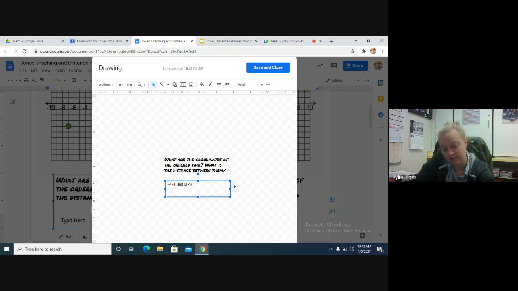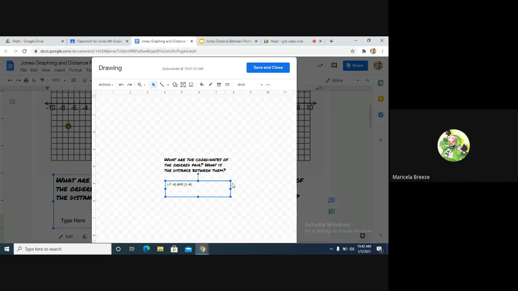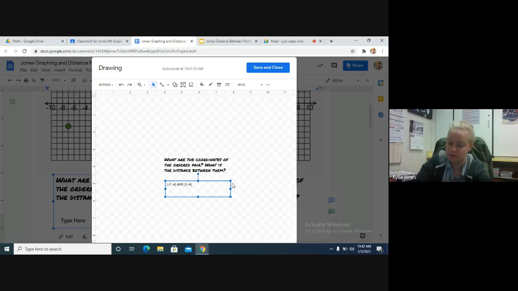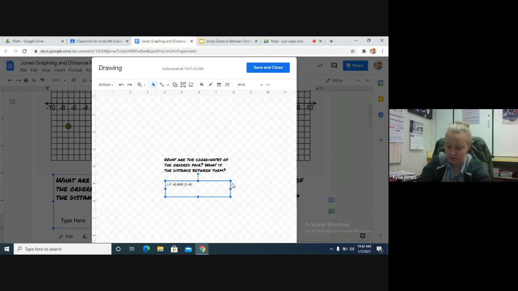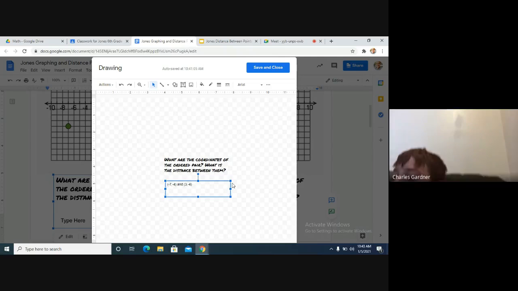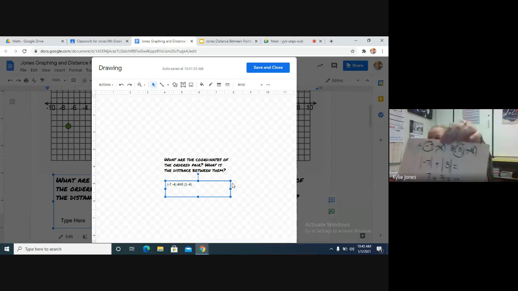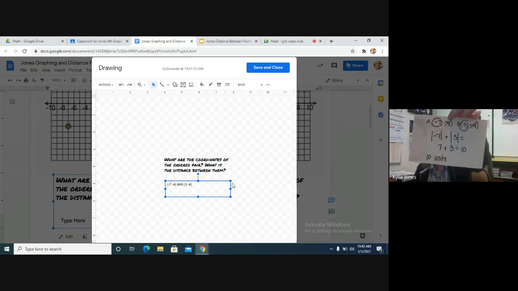Good, a +7. Plus, what about the absolute value of 3? 3. Awesome. And then what is 7 plus 3? 10. Yep. So we have 10 units as our answer.